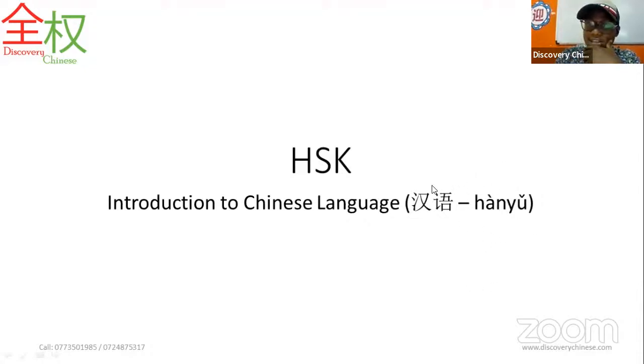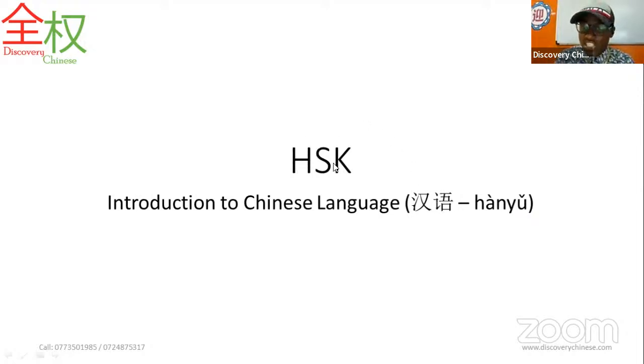Now, if you can see right here, I've written this word Han, yu. Now, Han, yu means the Chinese language. Actually, in Mandarin, this is how we call the Chinese language. Han, yu. The word yu comes from the word yuyan, which means language. So Hanyu is the Chinese language.